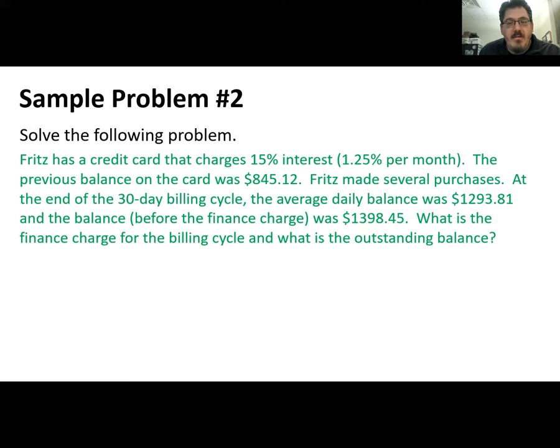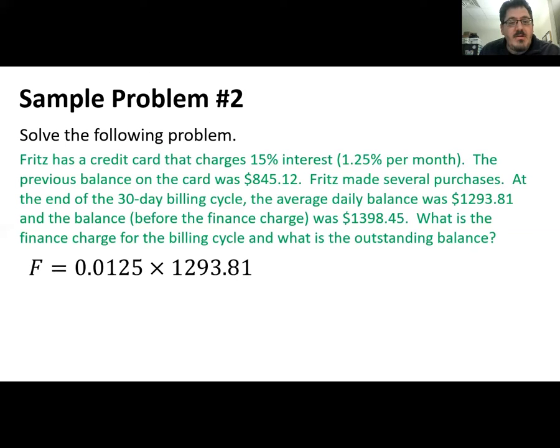All right, now the first thing we want to keep in mind is, again, to calculate our finance charge, it's a 15% annual interest, so it's 1.25% per month. So you got that by taking 15% divided by 12. So we're going to use the 1.25%. Then what we're going to do is, rather than looking at what the final balance is, what credit cards do is they use the average daily balance, which we'll actually talk about in the next example how that's determined.